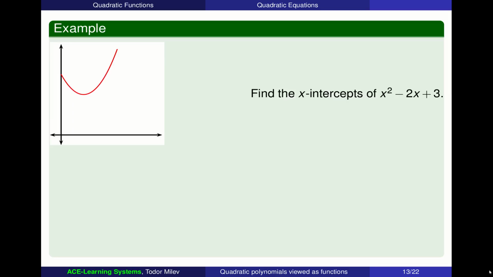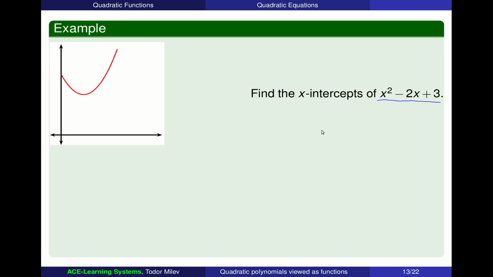In this example, we're going to do our last basic application of the quadratic formula. Again, we have a problem formulated the exact same way. Find the x-intercepts of x squared minus 2x plus 3. So here's the quadratic x squared minus 2x plus 3, and we're being asked to find its x-intercepts.